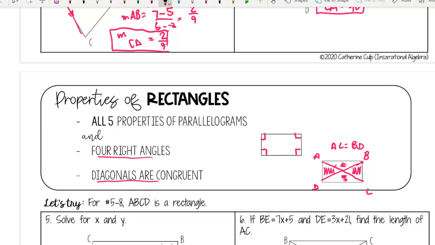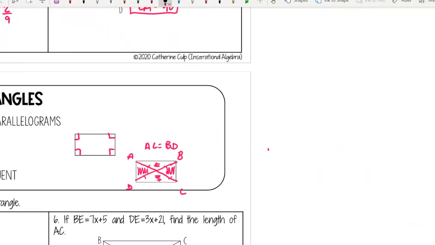So we have some congruent triangles that show up by side angle side. We also have, if we look at it like this, if this is our rectangle, 2 right triangles right here. So Pythagorean theorem, a squared plus b squared equals c squared, can be used to find any of those lengths and the diagonal relationship.